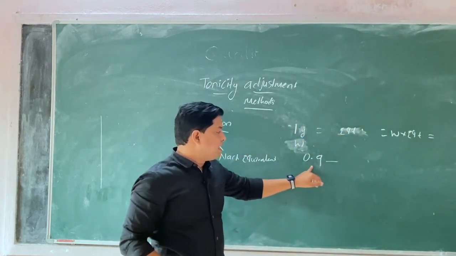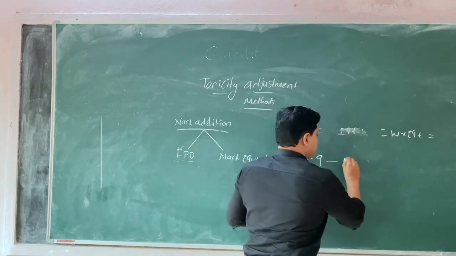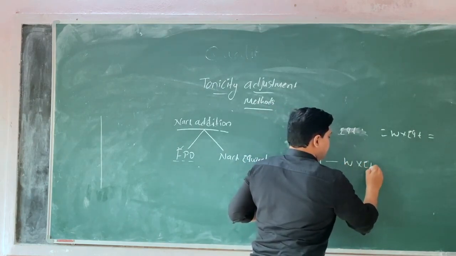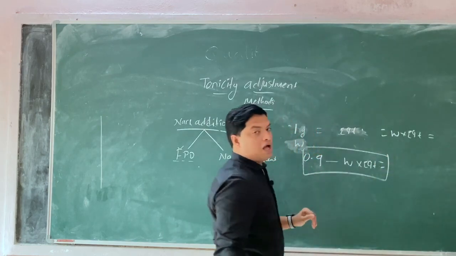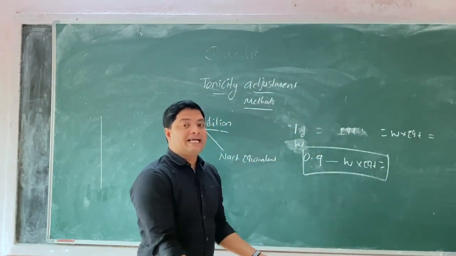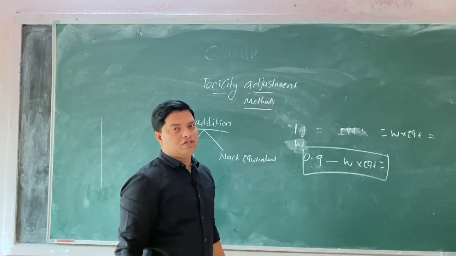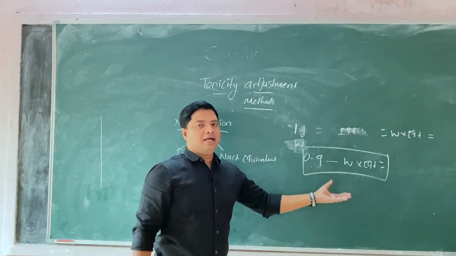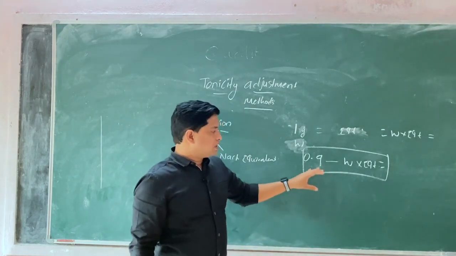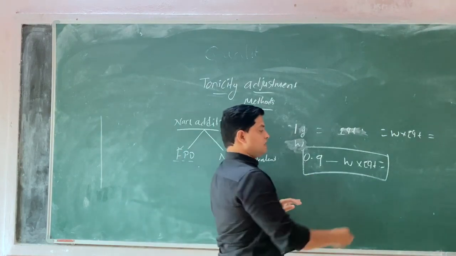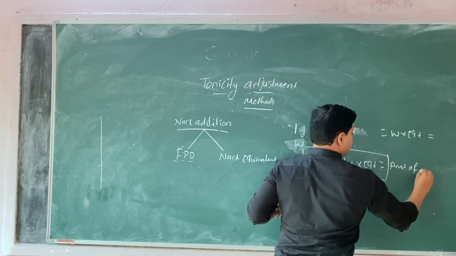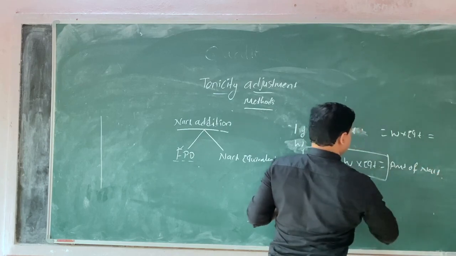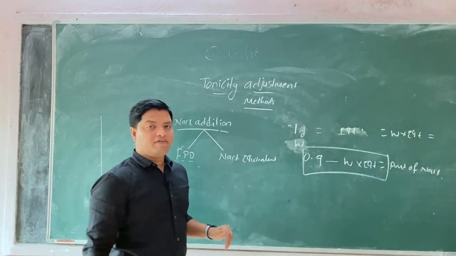Total is 0.9 minus what is present, that is W into equivalent. This gives you the amount of NaCl to be extra added into the solution to make it isotonic. That's how we create the equation. This equation will give the amount of NaCl.